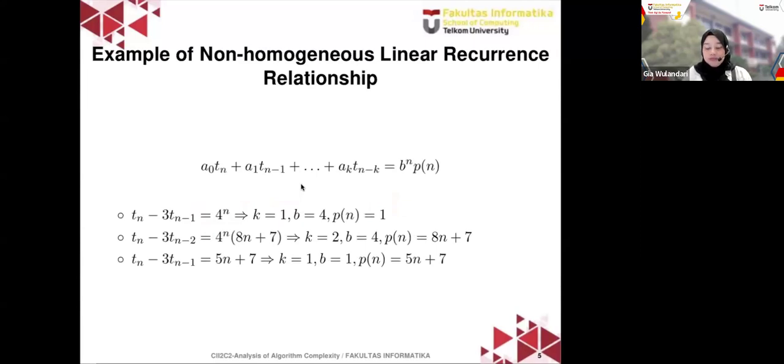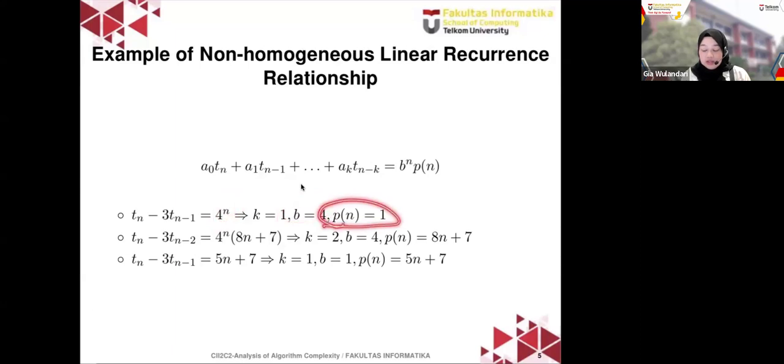So for example, if we have this equation, then we will have k, the largest subtraction for the index, is 1. B is 4. What power number we have, we have 4.